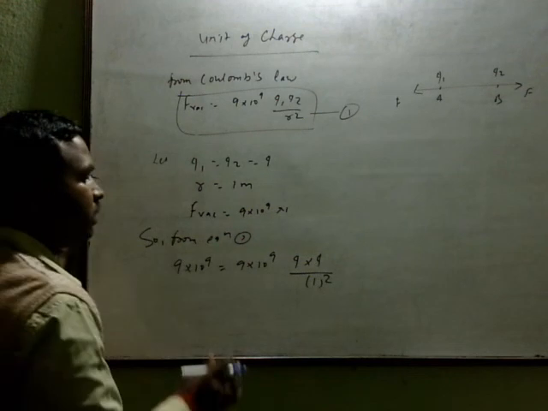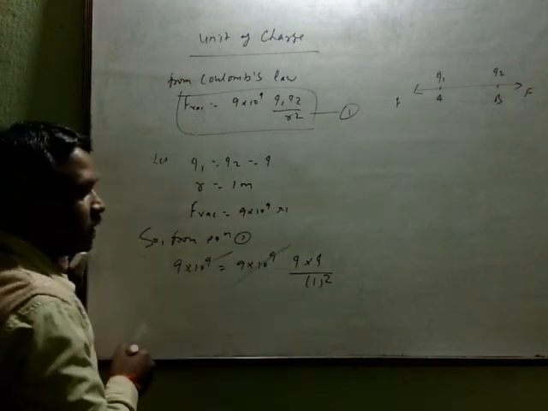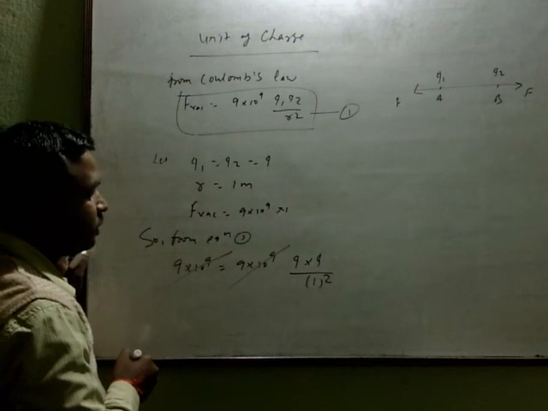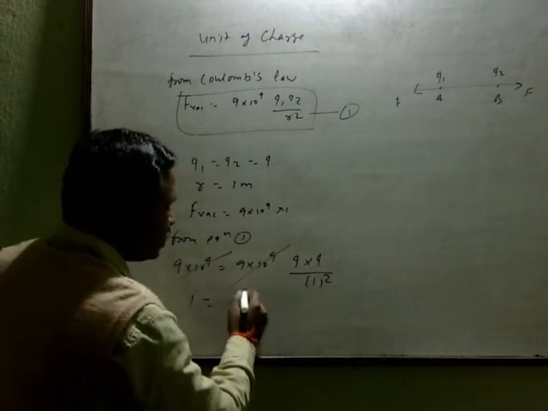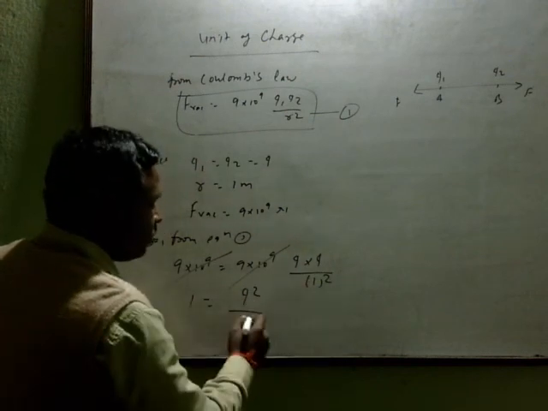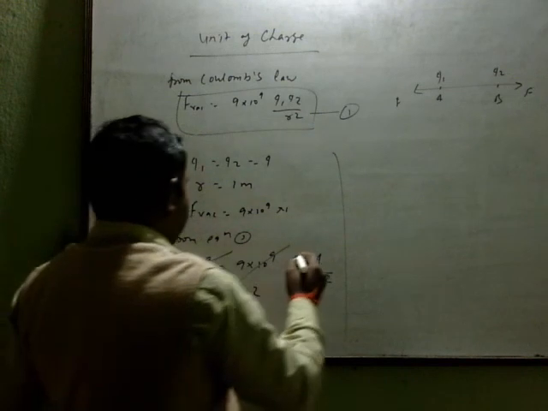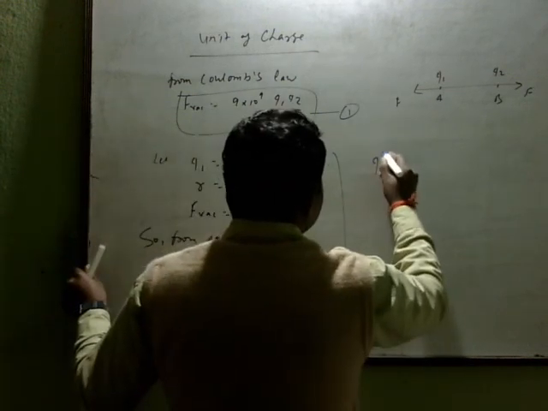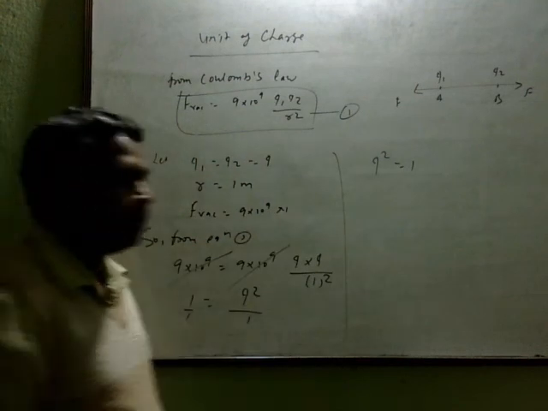The power remains the same. These two terms cancel out because both have the same value, and now 1 equals Q into Q square, and 1 square means 1. So cross multiply: Q square equal to 1.